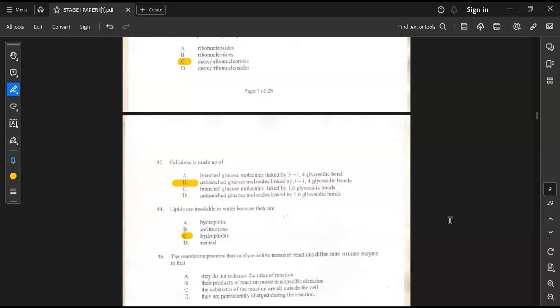Even cellulose also has that alpha 1,6, but it's unbranched. Pardon? Sorry, it is starch. Sorry, I confused them. Starch also has that alpha 1,6.